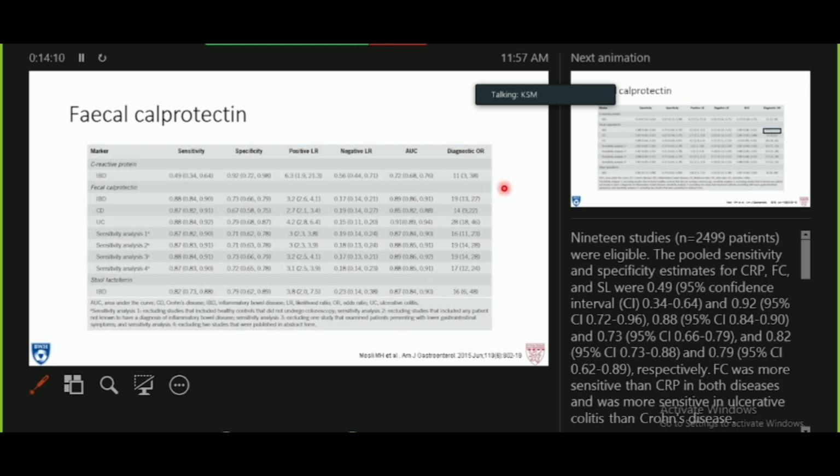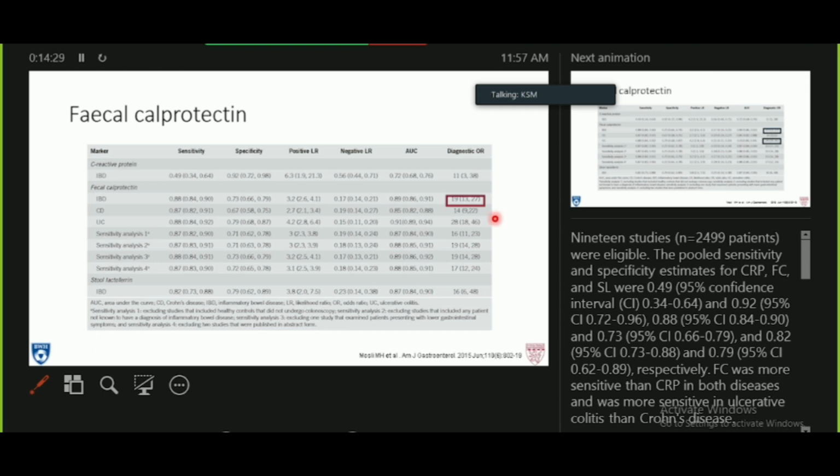There are other tests you can do for assessing intestinal inflammation. So we talked about the CRP, and we talked about fecal calprotectin. There's also something called a stool lactoferrin, which I think the pediatricians often use a bit more than the adult gastroenterologists.